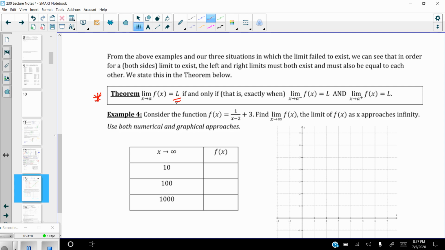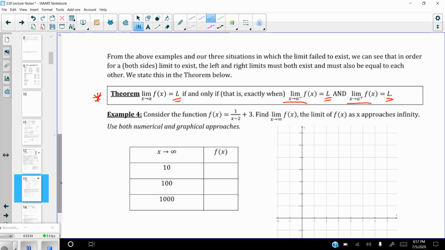The limit from the left has to equal the limit from the right, and both of those equal the exact same value, L. So if one of the limits is 1, the other one is -1, not going to work. If the limit from the left and the limit from the right both equal 7, then they work. So that's exactly what's going to happen there.